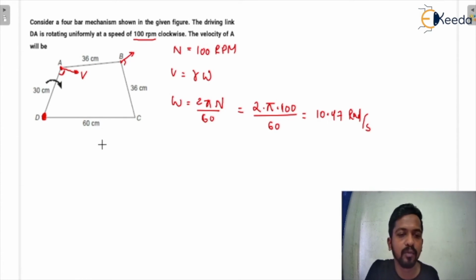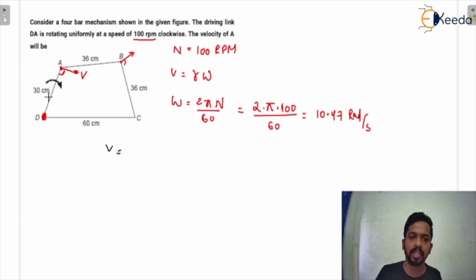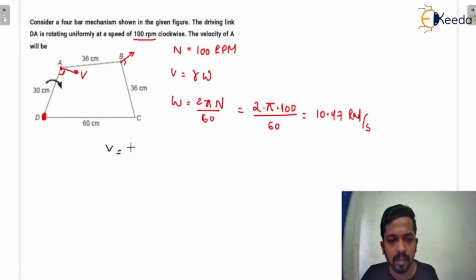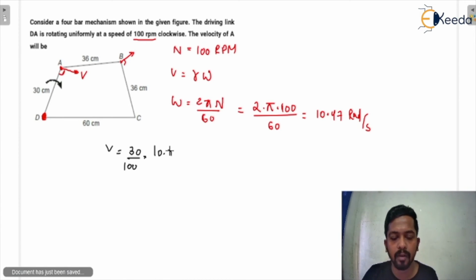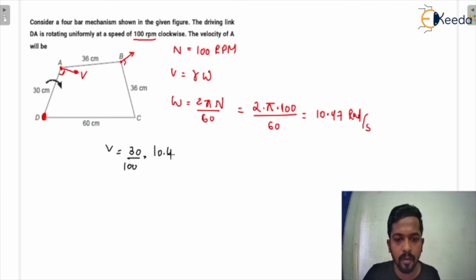Now it would be easy to find out the linear velocity, that is V. V is equal to r omega. R, what is given? 30 centimeter. If you are going to find out the velocity in meter per second, you have to convert centimeter into meter. So that is 30 upon 100, and omega is 10.47.